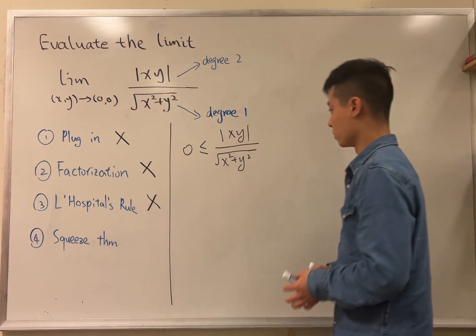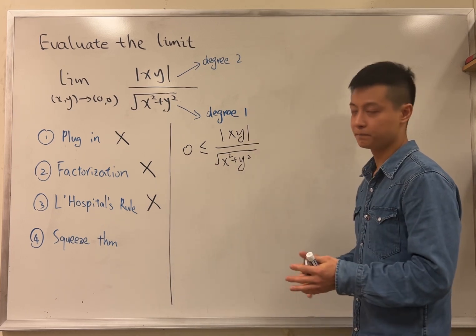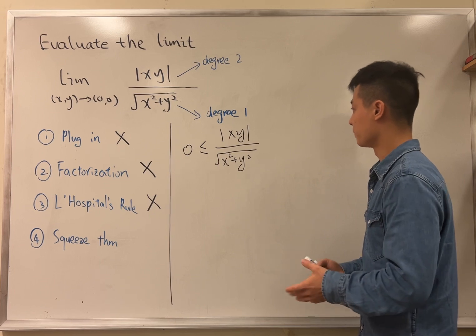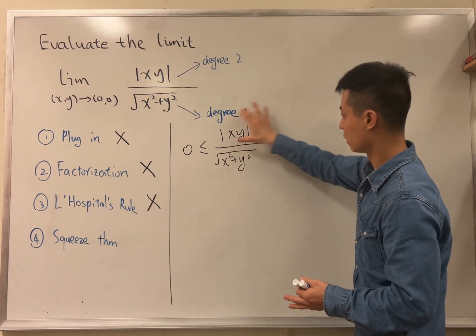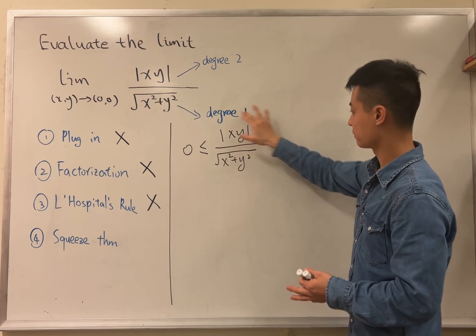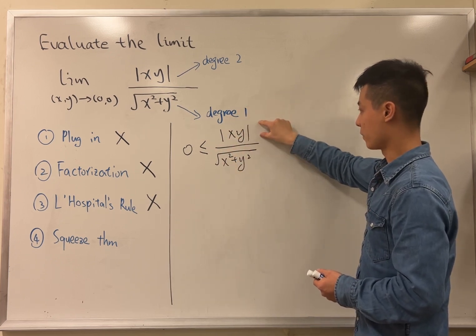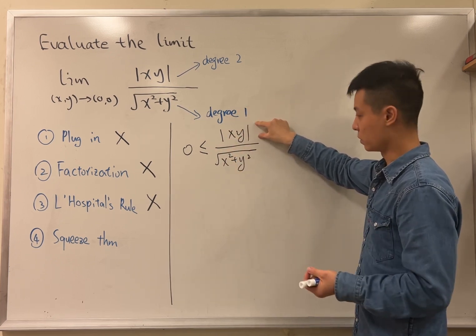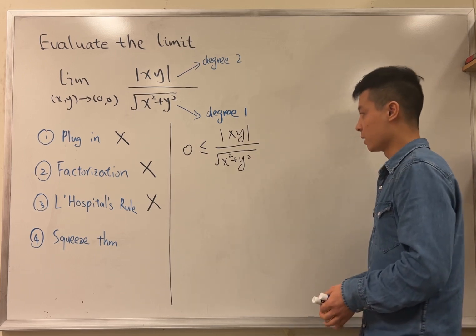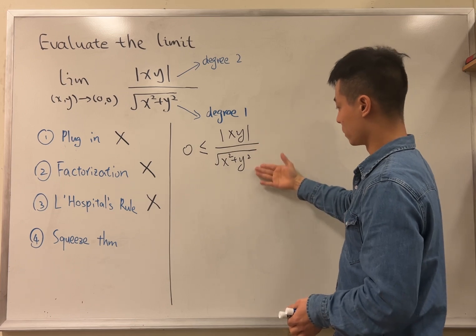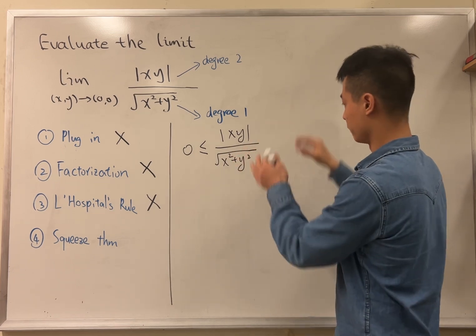In order for us to create an upper bound, the way that we usually do is that we will construct a function out of this function by making either the numerator greater or making the denominator smaller. So let's say we try to make the denominator smaller to construct that bigger function.